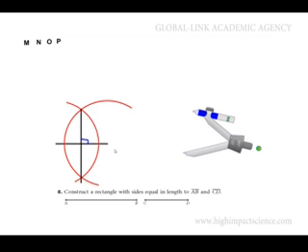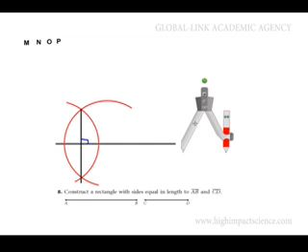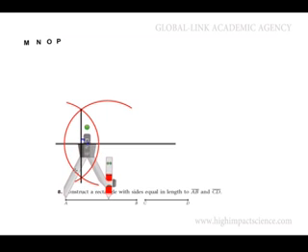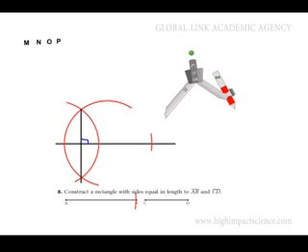The length should be equal to AB. So I extend the line, then I'll measure AB. Take that length on my line. So this is M and this is N.